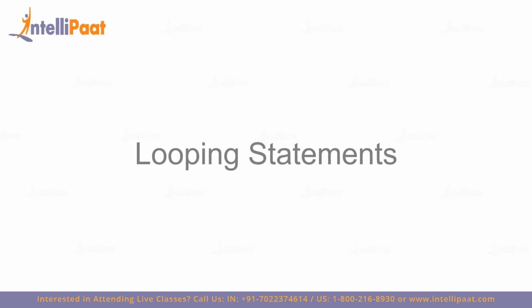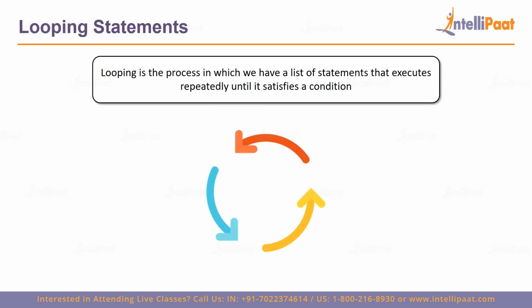Now let's take a look at looping statements. So a loop is a process in which we have a list of statements that execute repeatedly until it satisfies a condition. So let's say that I want to print something 50 times.